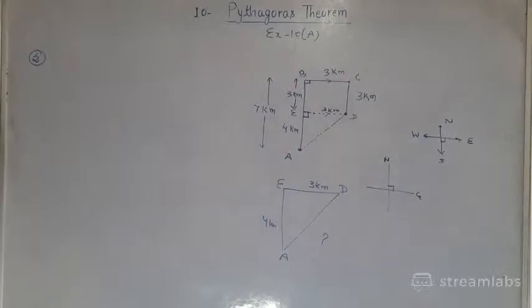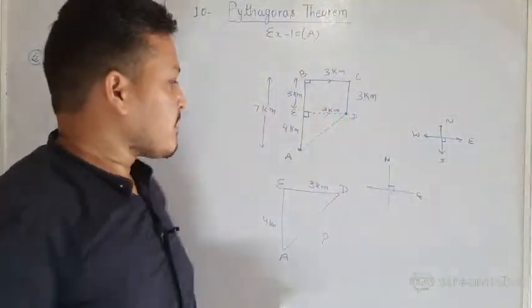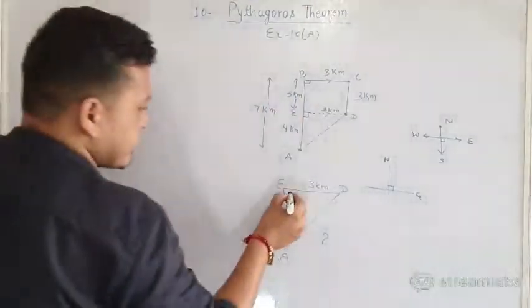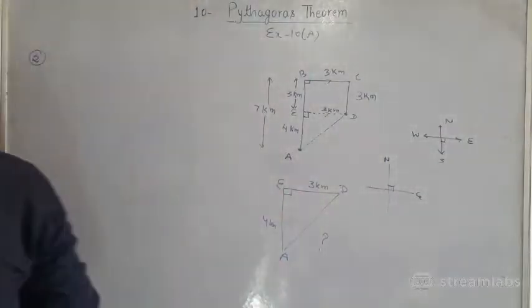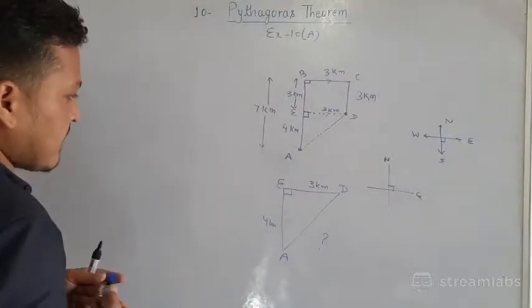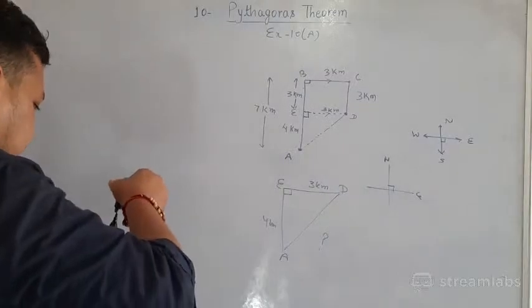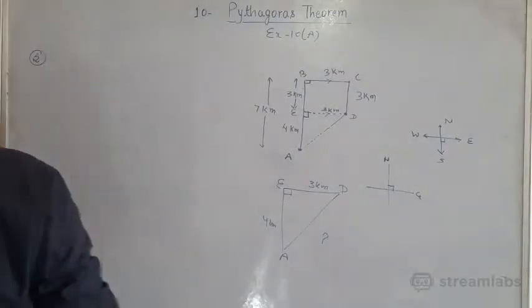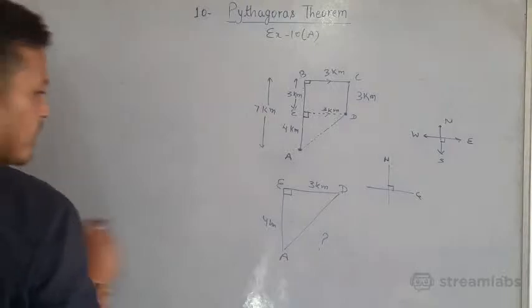Very good. Amit Mahant is saying we can apply the Pythagoras theorem here. So what is the Pythagoras theorem? Which triangle is formed? This angle is 90 degree, so we can apply the Pythagoras theorem. The hypotenuse square is equal to the sum of the squares of the perpendicular and base.